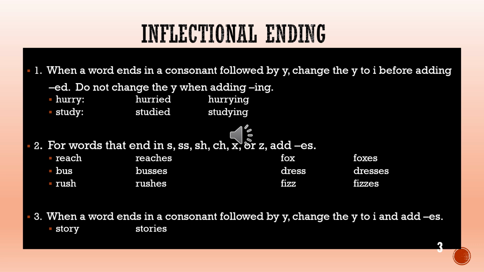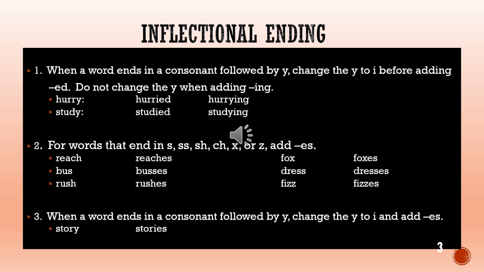Dress, you are going to add ES because it ends with the letter S. So it's going to be dresses. And then you have fix that ends with the letter X. You are going to add ES and then you are going to have the word fixes.